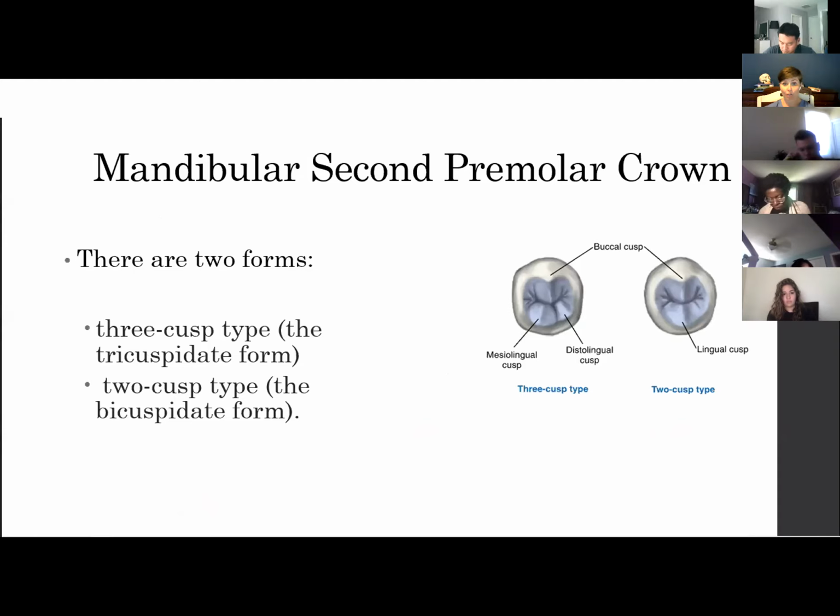One is a three-cusp type or a tricuspidated form, and then the second is a two-cusp type, which is a bicuspidated form. Okay, so you can see here that one is more of a Y shape, and one is more of an H shape or a U shape. But do you see because of this groove here, it ends up having three cusps instead of just two.